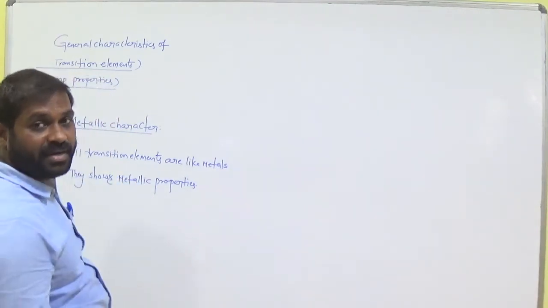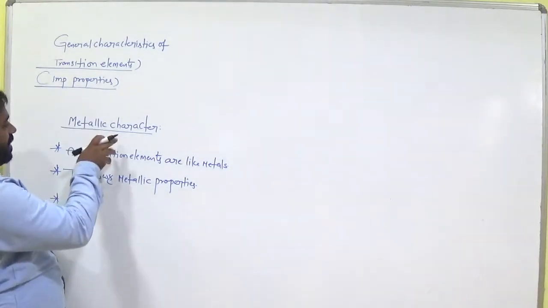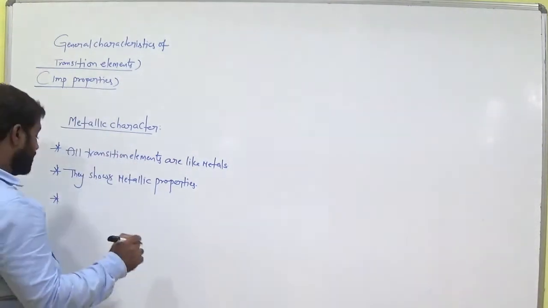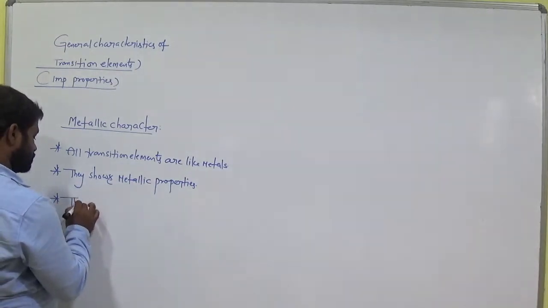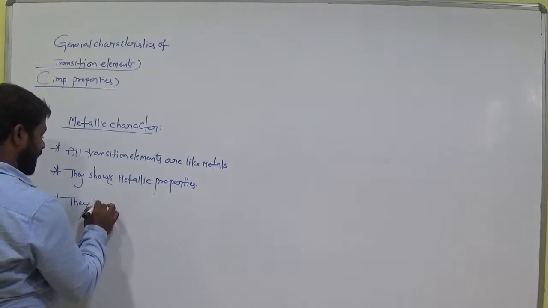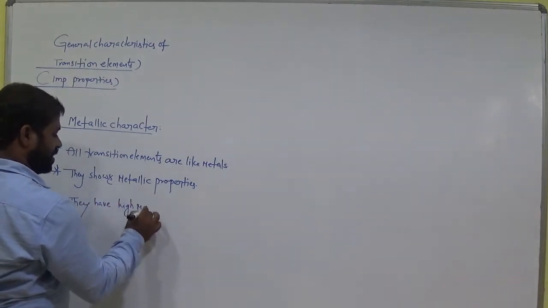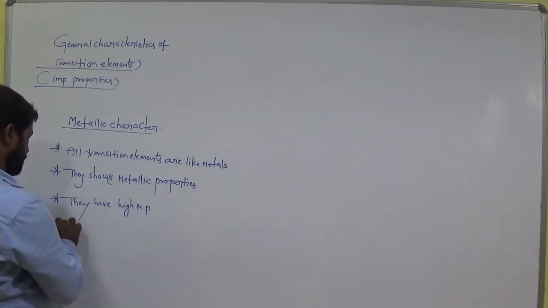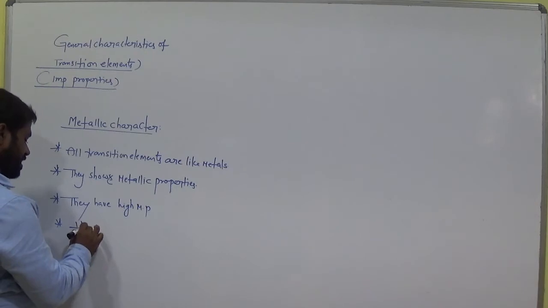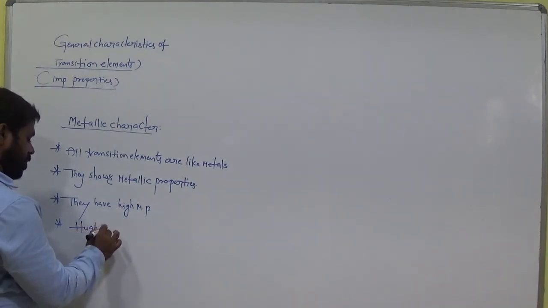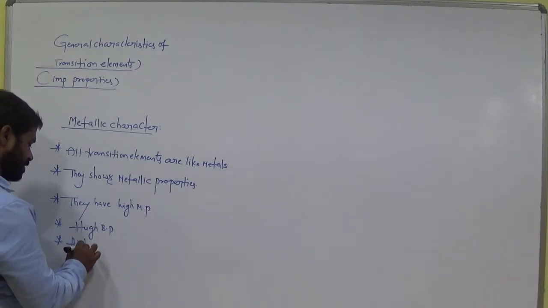Let's see some important metallic properties which are followed by these transition elements. They have high melting point, high boiling point, and also high density.